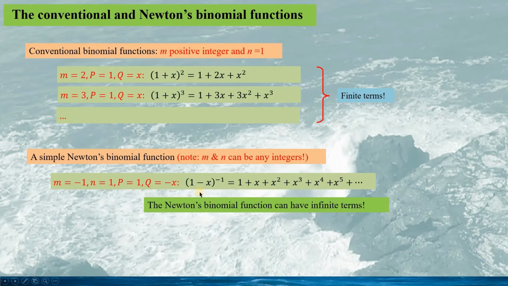A very simple example is m equaling minus 1, n equaling 1, p is 1, q is minus x. So the expression can be expressed as the infinite power series given in this form. In this regard, the Newton's binomial function can have infinite terms.